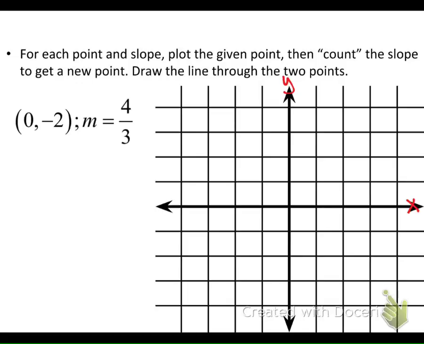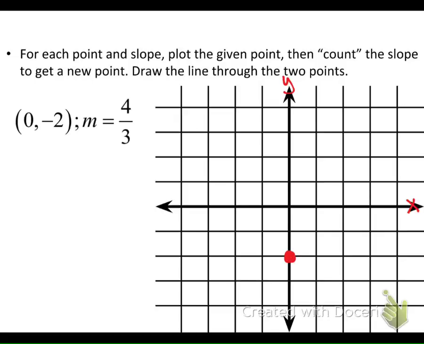Now when you go to graph this ordered pair, what's it basically giving us? Where am I going to graph this? On the y-axis or on the x-axis? Y. Yeah, the y. So that's going to be our y-intercept. So let's go ahead and graph 0, -2. So I start at my origin. The x value is 0, so I stay put. The -2, I go down 2 spots.